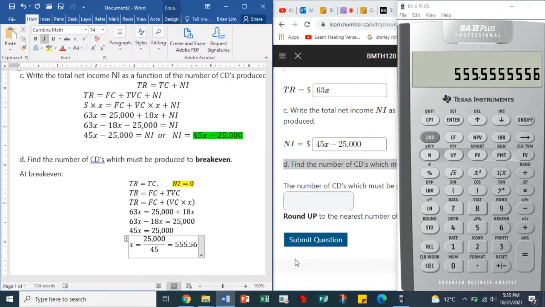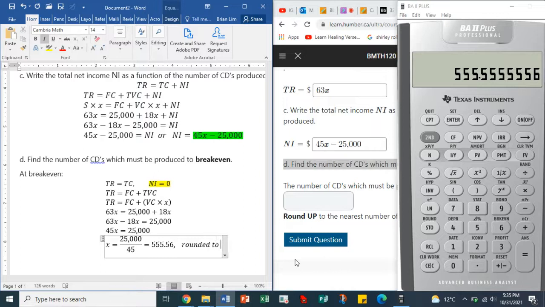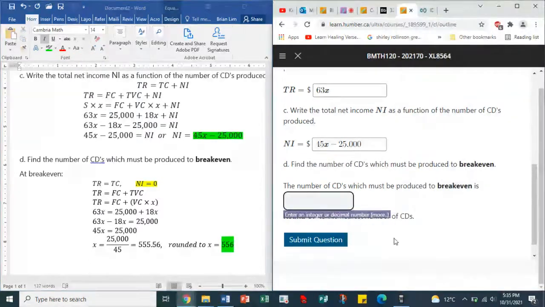So we would have to round it to x equals 556. That would be the answer. X is equal to 556, and that is the number we would put in here, 556. Now that's one way of doing it.